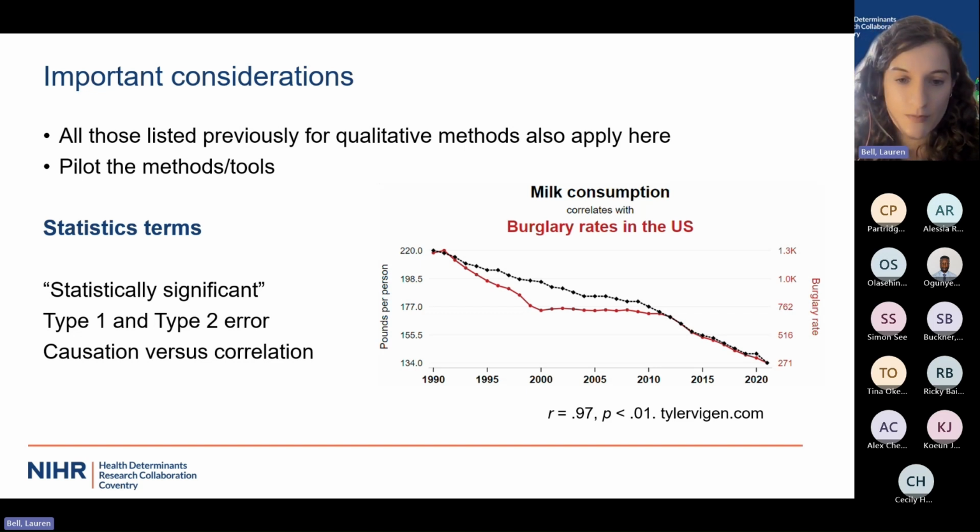This has a correlation of 0.97. That's incredibly high, but that doesn't mean that one causes the other. It's just a naturally occurring correlation, and this has also been found to be statistically significant, shown by this p-value here being very low.